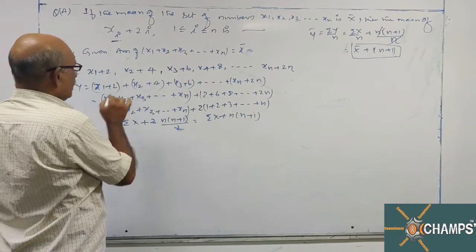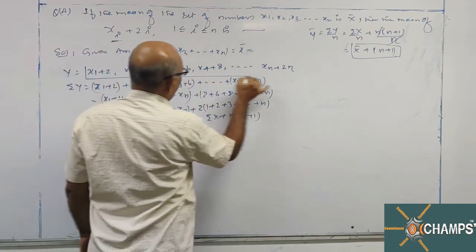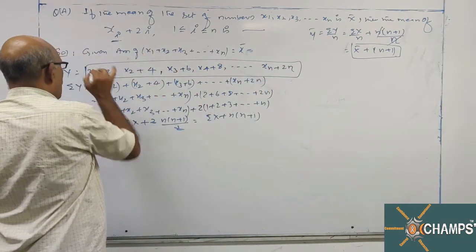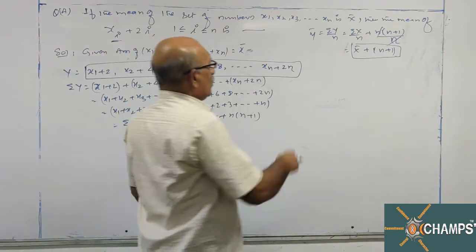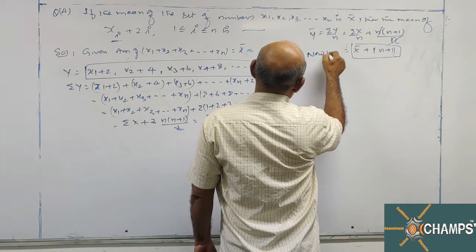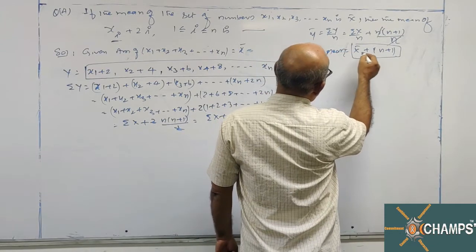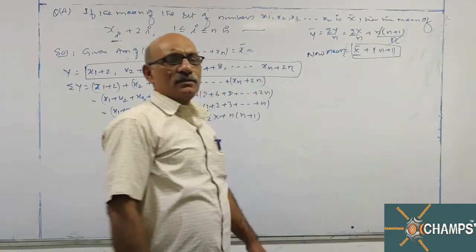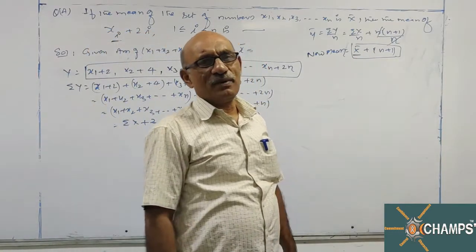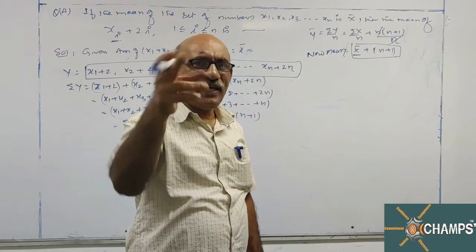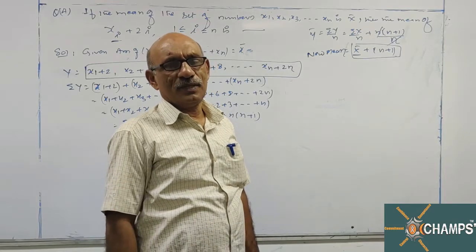This way a sequence is obtained. It itself will give you an idea. What you are doing, even numbers you are adding. Therefore, new mean is equal to the old mean, that is x bar, plus mean of natural numbers, mean of even natural numbers.